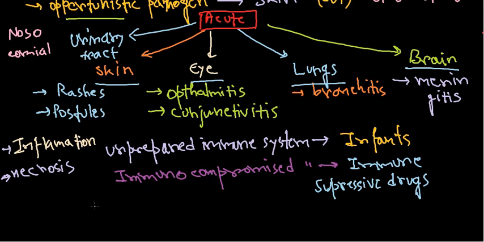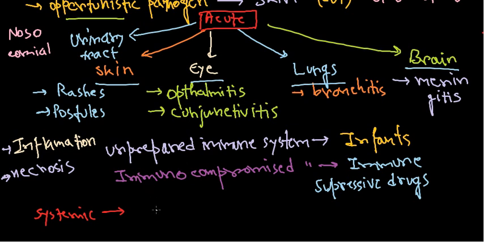But these are very uncommon, because systemic infections by Pseudomonas aeruginosa can only be seen in immunocompromised people, where the immune system is very poor. Otherwise we won't see these much, right?